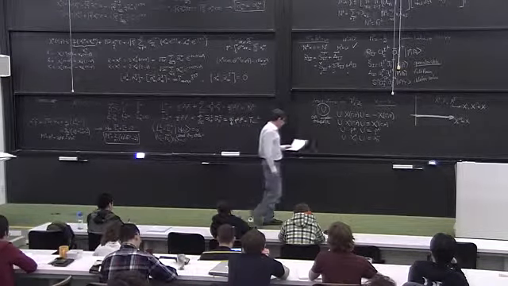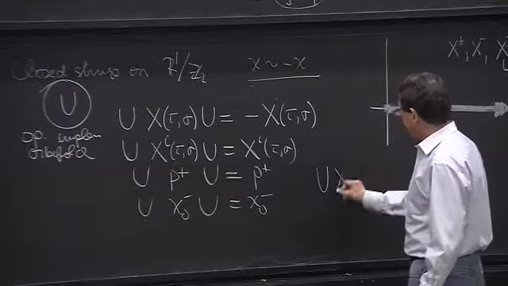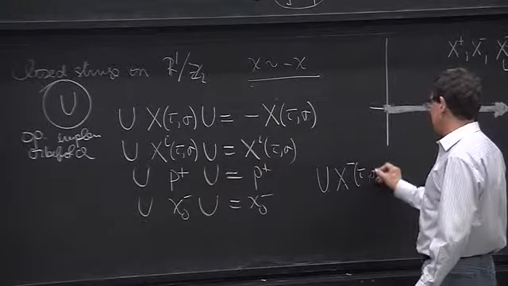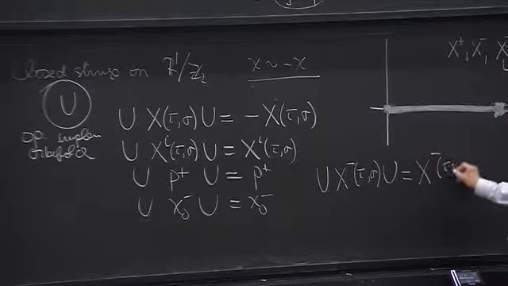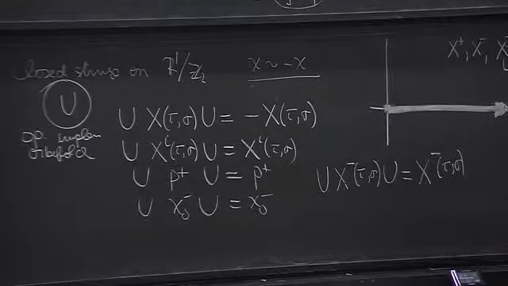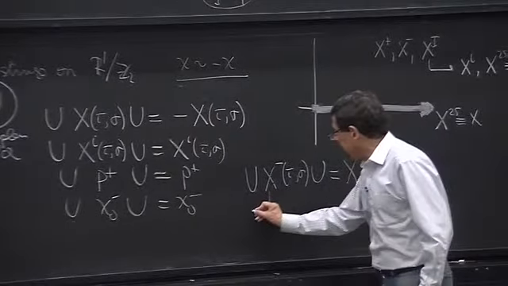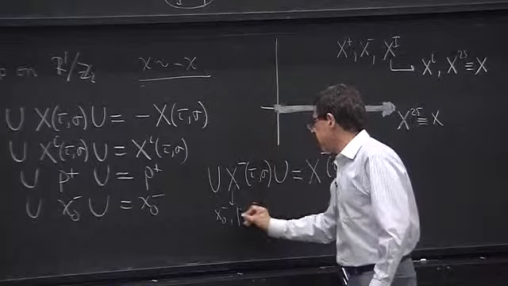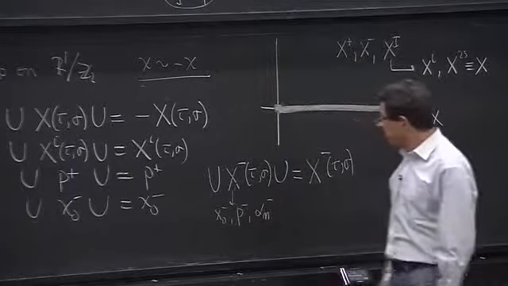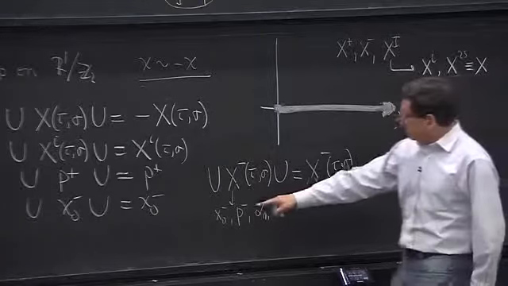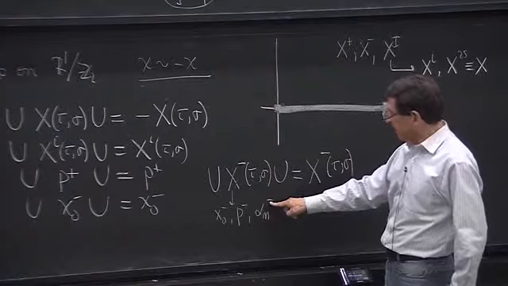And the reason it doesn't do anything to x minus, so U acting on x minus of tau and sigma, we claim, is x minus of tau and sigma. It's because x minus is determined by x0 minus, p minus, and the alpha n minuses. P minus is related to L0, which is a Virasoro. Alpha n minus is a Virasoro.